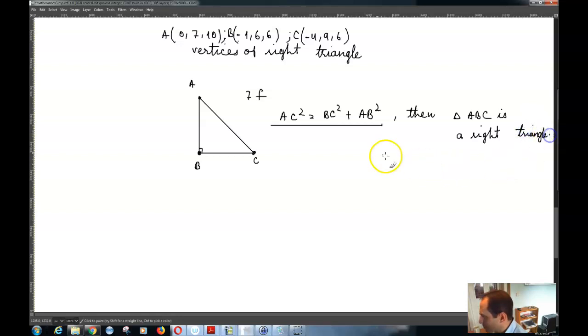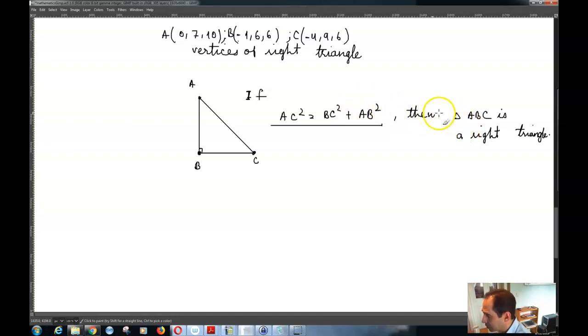And in geometry, theorems are basically always in this form: there is an if, and there is a then. And sometimes the converse of a theorem is also true.